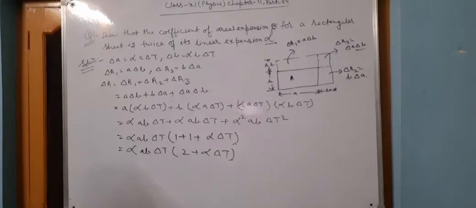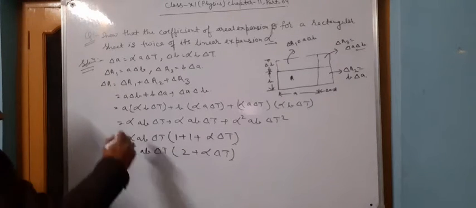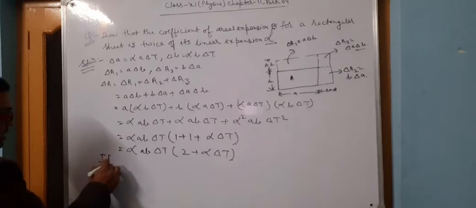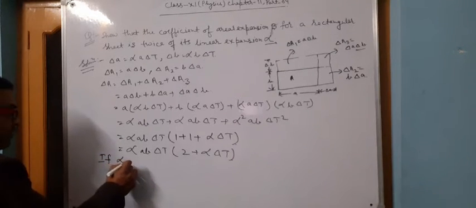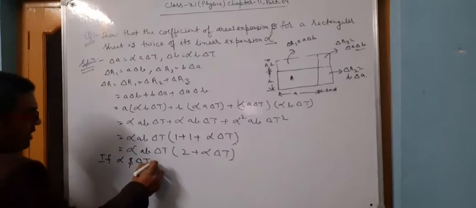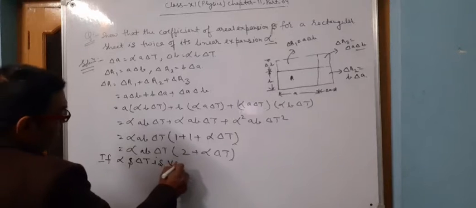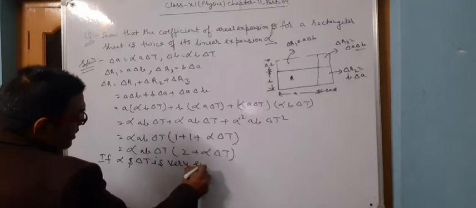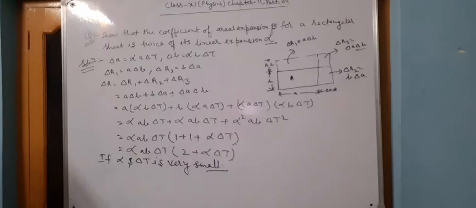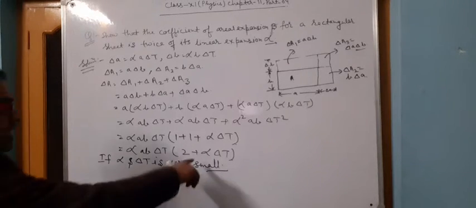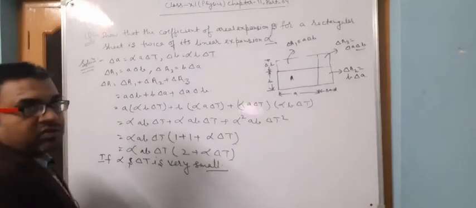Now look at here, students. If alpha and delta T are very small, then the product of these two will also be small.